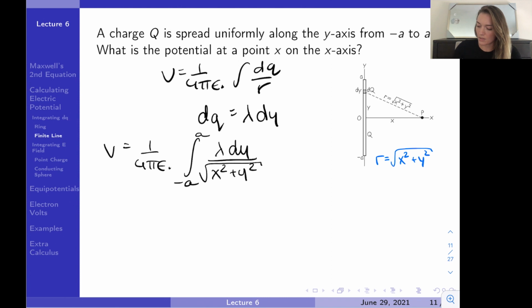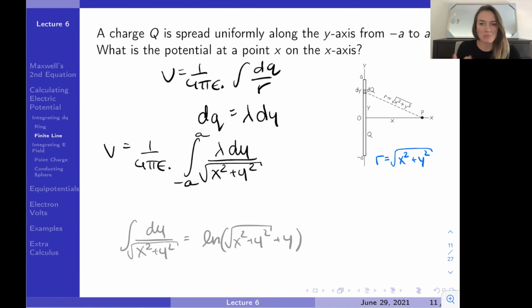So an integral of dy over the square root of x squared plus y squared will come out to the natural log of the square root of x squared plus y squared, plus y. So just take that integral as a given.